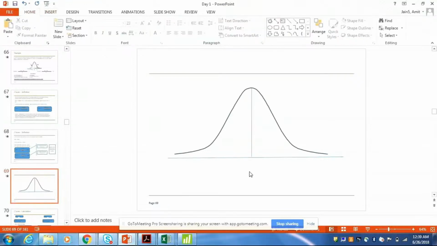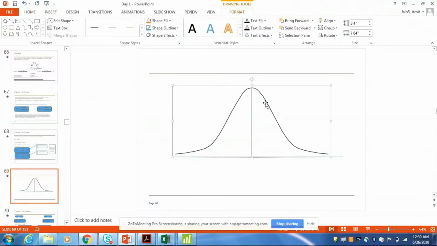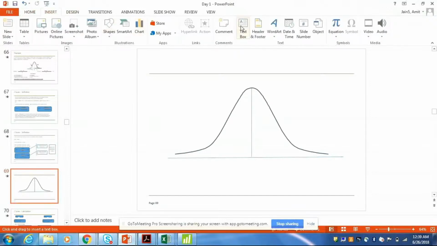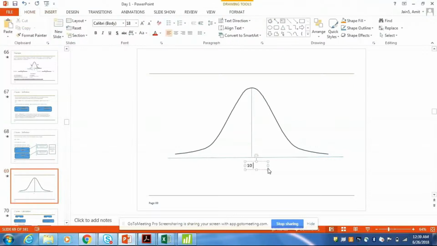There's your 10. This is 10 mm. We had the upper specification limit at 11, right? 11 was the upper. 8.5 is the lower.